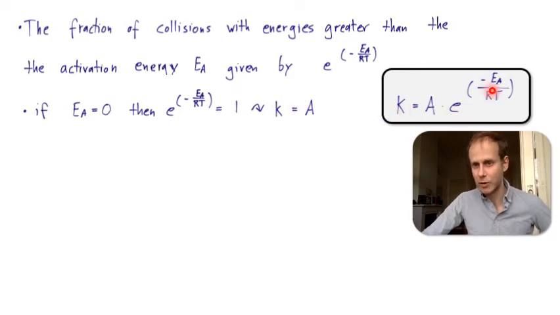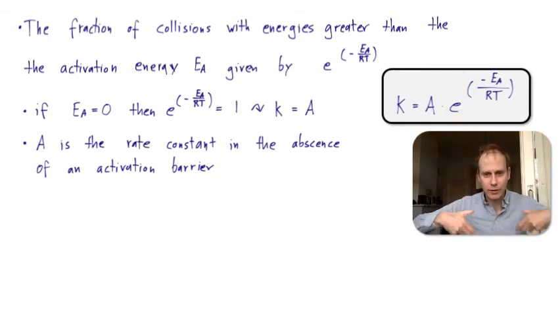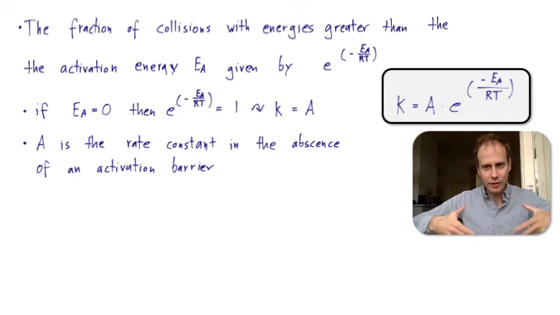So that means now we can actually figure out what A is. A is the rate constant in the absence of an energy barrier, right? So if this entire term is 1, that means all collisions are overcoming the activation energy, or all collisions lead to a reaction.